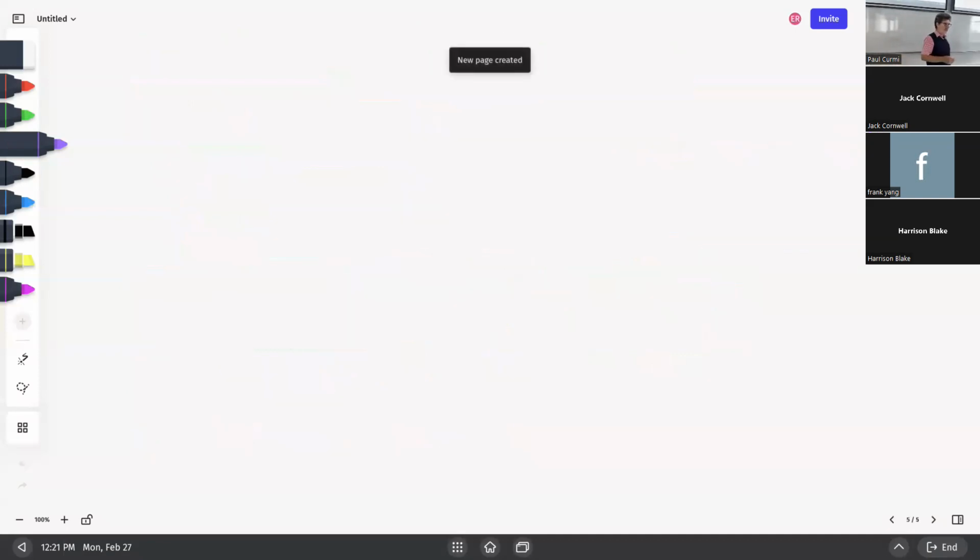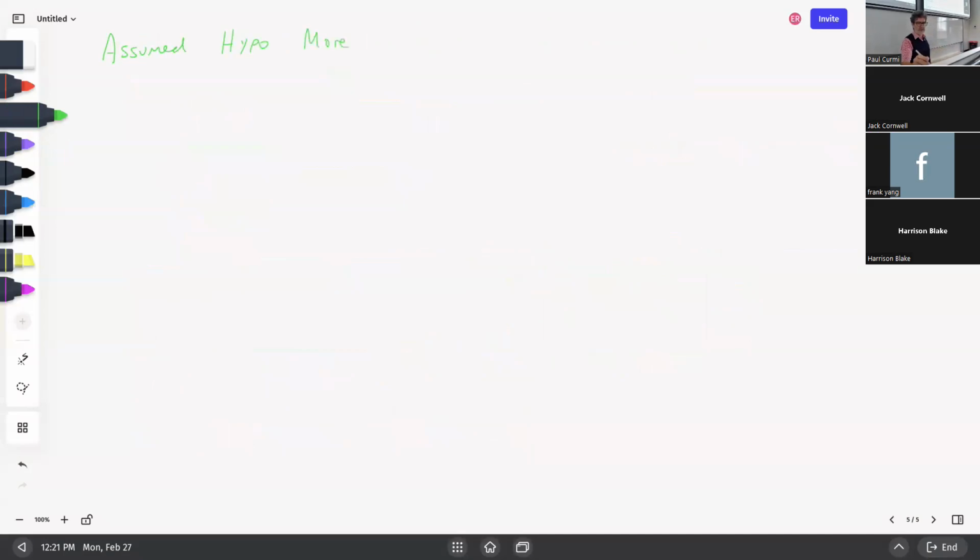Okay, so now I bring in my assumption. I have assumed hypo more efficient than Carnot. Okay? So I can write that in symbols. Eta hypo has to be larger than eta Carnot.